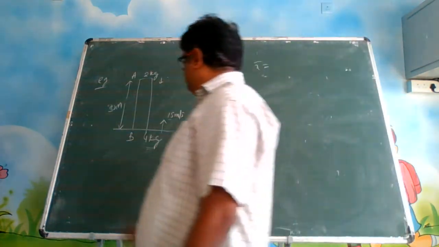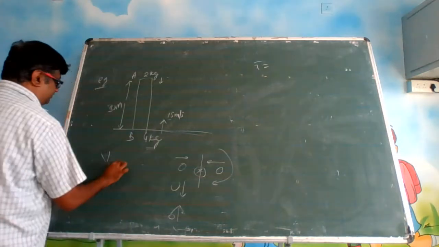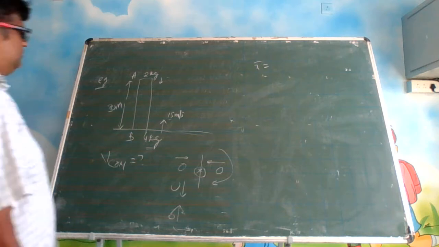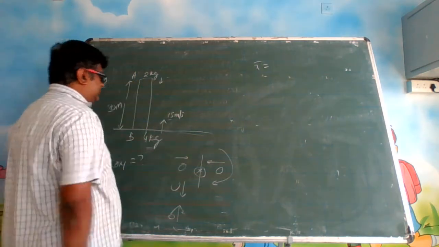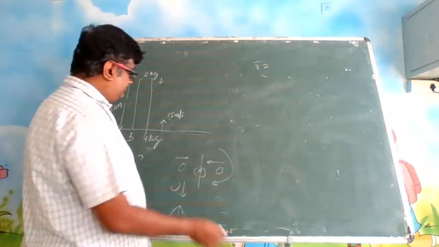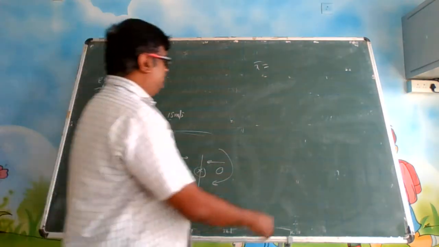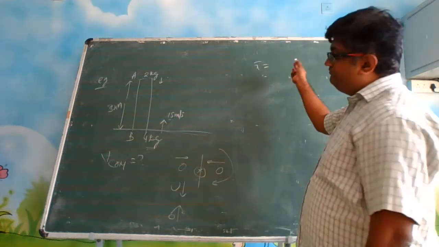Where is the center of mass location? What is the question here? You have to find out velocity of center of mass, how much. Okay? So first we have to find out where is the center of mass. For that we need to take a reference line. So we are going to take this as the reference line. So straight away put the formula m1 x1.